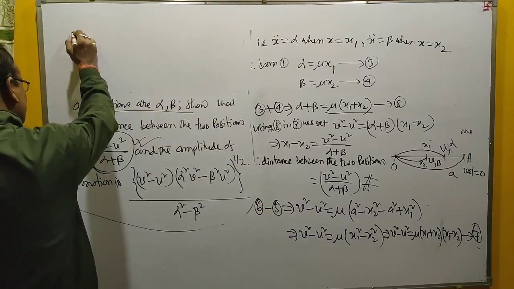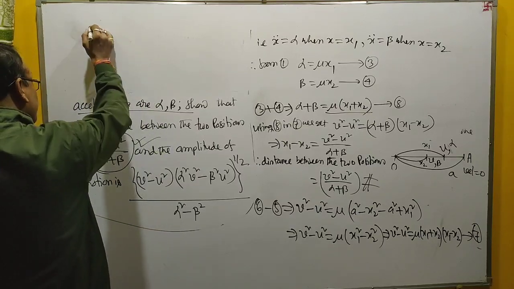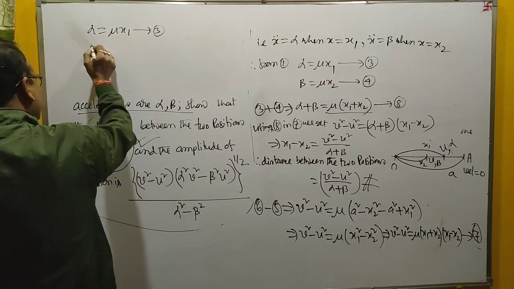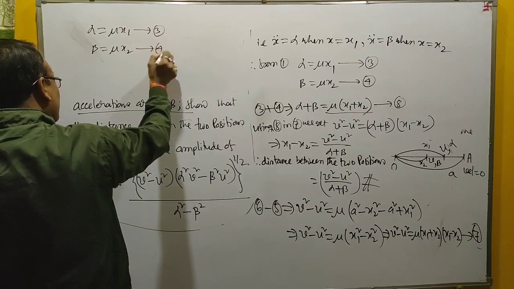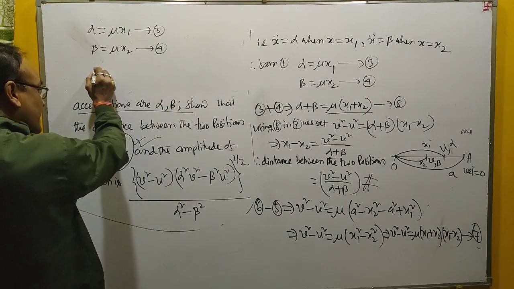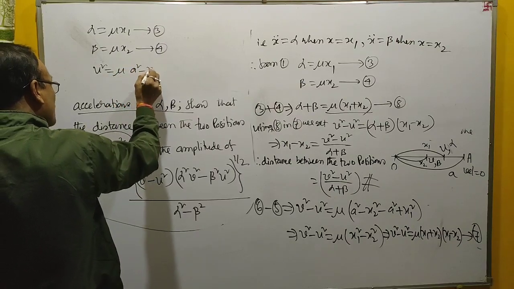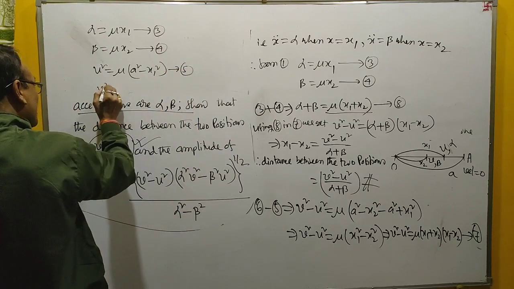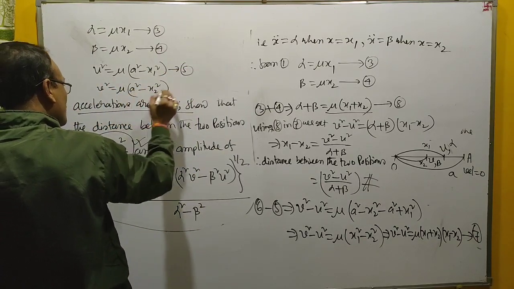Now, equation number 3 is alpha equal to mu x1, beta is equal to mu x2, and u square equal to mu into a square minus x1 square, and v square equal to mu into a square minus x2 square.